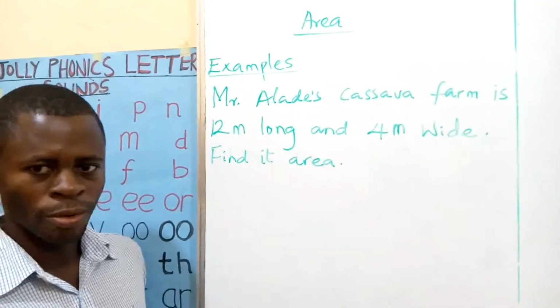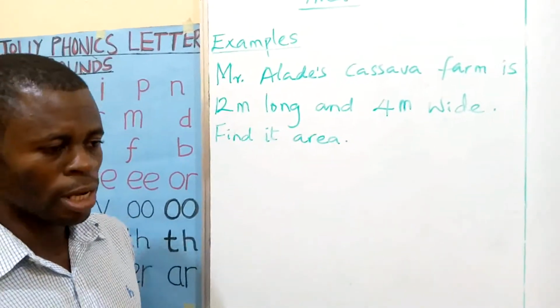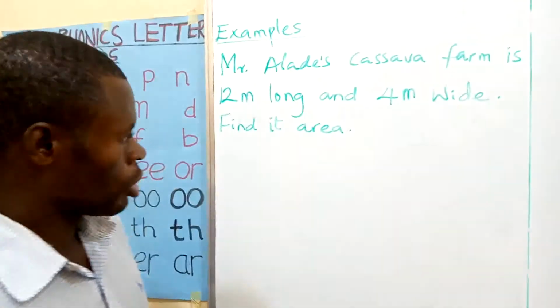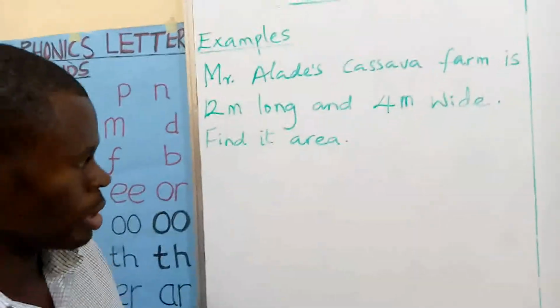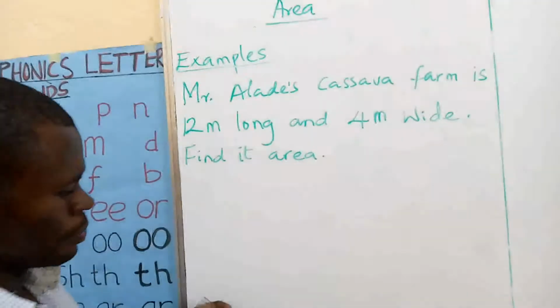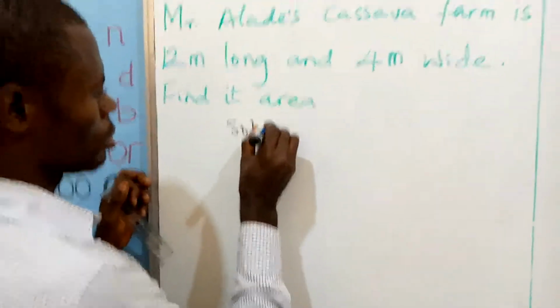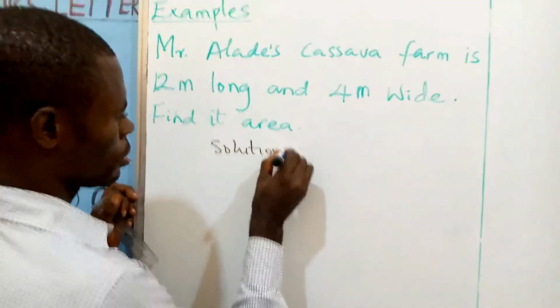We're going to draw the shape of a rectangle, in order to be able to interpret the question better. Solution.